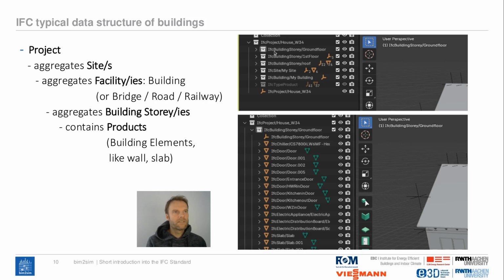In this case, you see here the house, and it could also be other facilities like bridges, roads, and railways, and I think others. And in every facility, building stories are aggregated, and every building story contains building elements like walls or slabs. Here you see the stories, and here you see the elements or products.